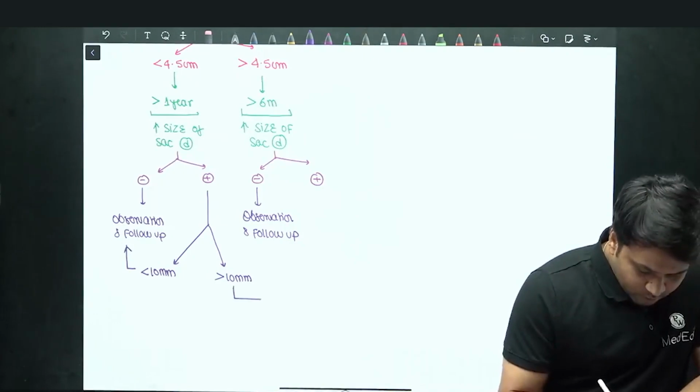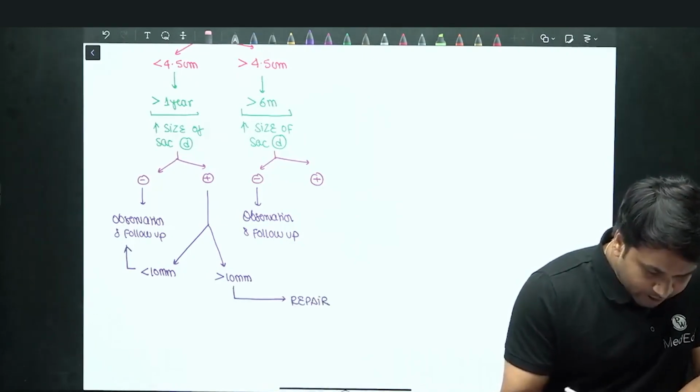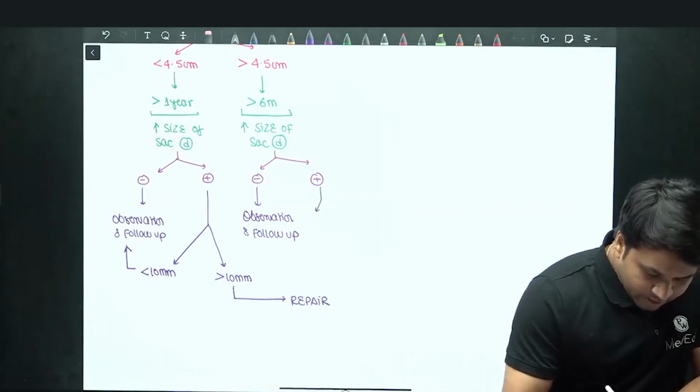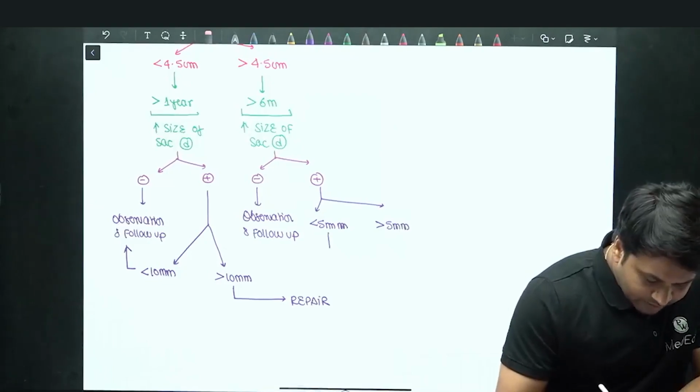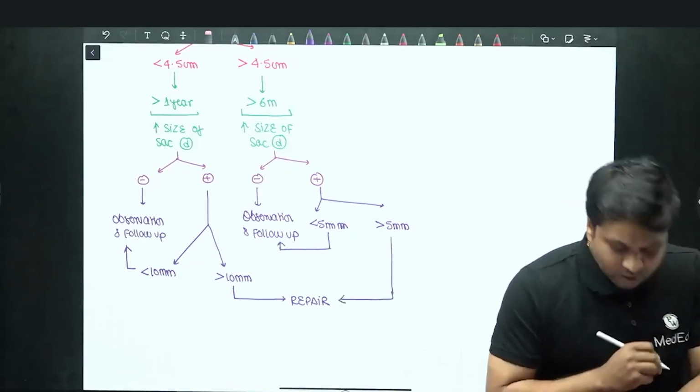If the increase is more than 10 millimeters, then you have to go ahead with repair. The same thing will be done here. If the increase is present, we will see if the increase is less than 5 millimeters or more than 5 millimeters. If it is less than 5 millimeters, continue here. If it is more than 5 millimeters, take the patient for repair.